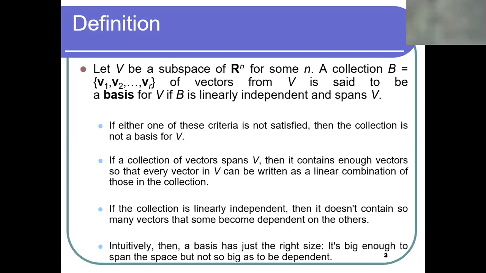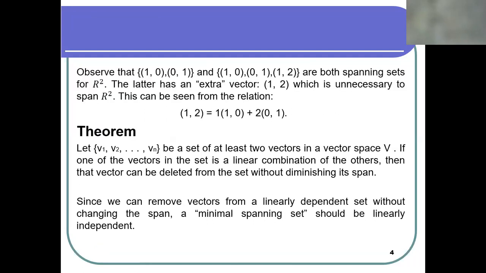So, dear student, let us sum up all these remarks in bullets. We have to take one example and understand what I mean in these bullets. So let us take an example of two sets. This is one subspace of R square, and this is again another subspace of R square, and both are spanning sets for R square.